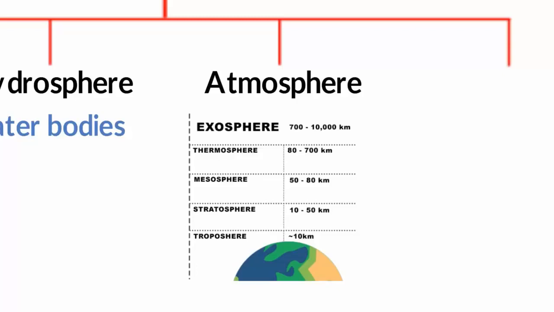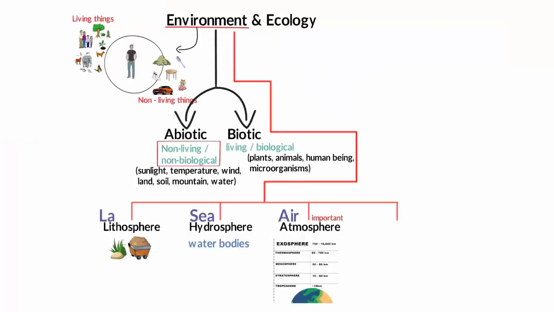It acts like a shield which doesn't allow some life essential gases like oxygen to go out in the space. Likewise, it also prevents the incoming harmful rays of the sun to reach the Earth's surface. The atmosphere is an important part of what makes Earth livable. So in short, we refer these three domains as sea, air, and land.